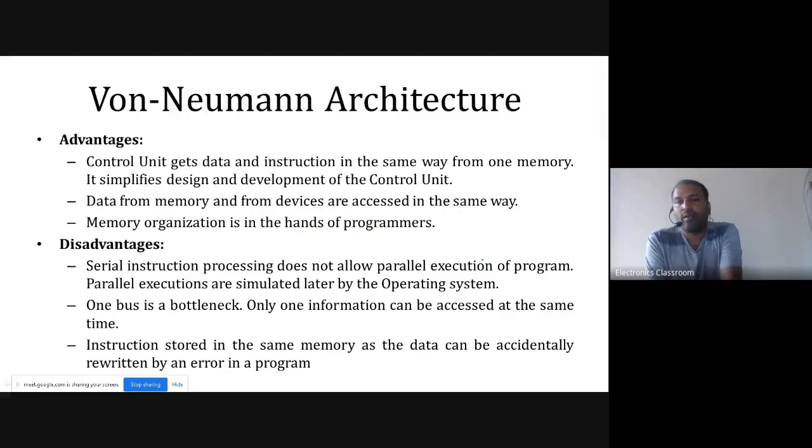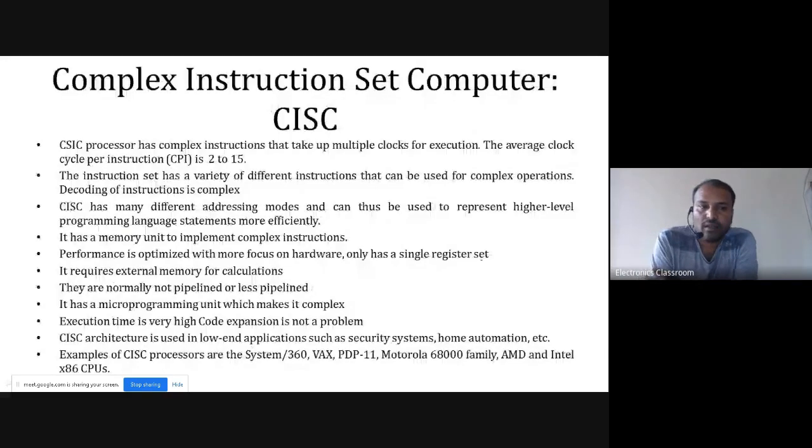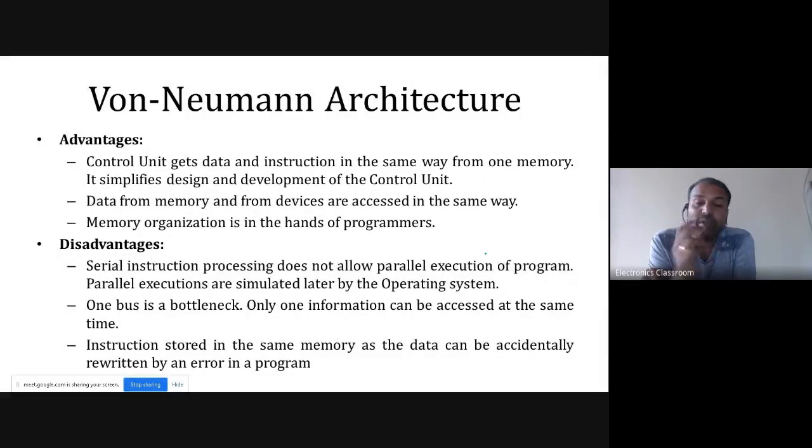So we will have another type of architecture, which is software related architecture, and those are nothing but RISC as well as CISC. We have 10 minutes, so we will just see one type. But before moving further, are you clear about von Neumann and Harvard? Or if you have any doubts, I can solve those doubts.